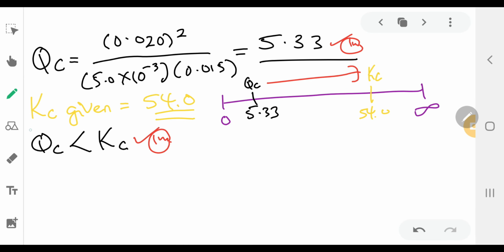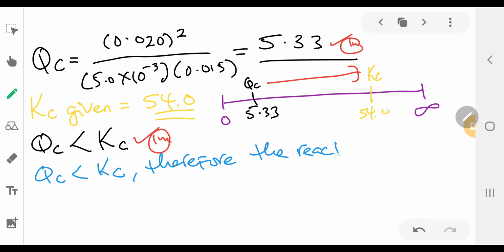So how do you write the conclusion? Qc is smaller than Kc, therefore the reaction shifts to the, remember, to the right. Okay, because Qc is smaller than Kc, so to the right.